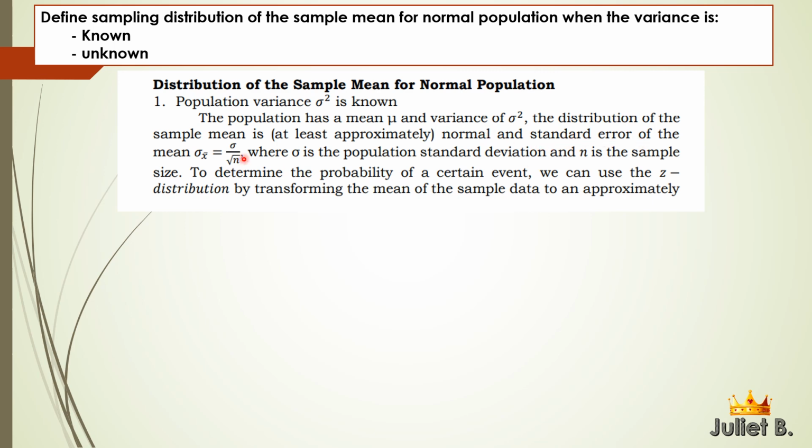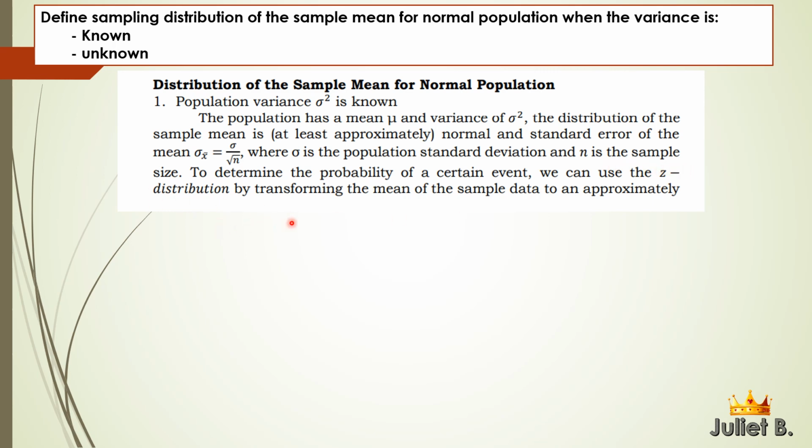The distribution of the sample mean is normal and the standard error of the mean is the standard deviation of the population divided by the square root of the sample size, wherein the symbol sigma is the population standard deviation and the small letter n is the sample size.